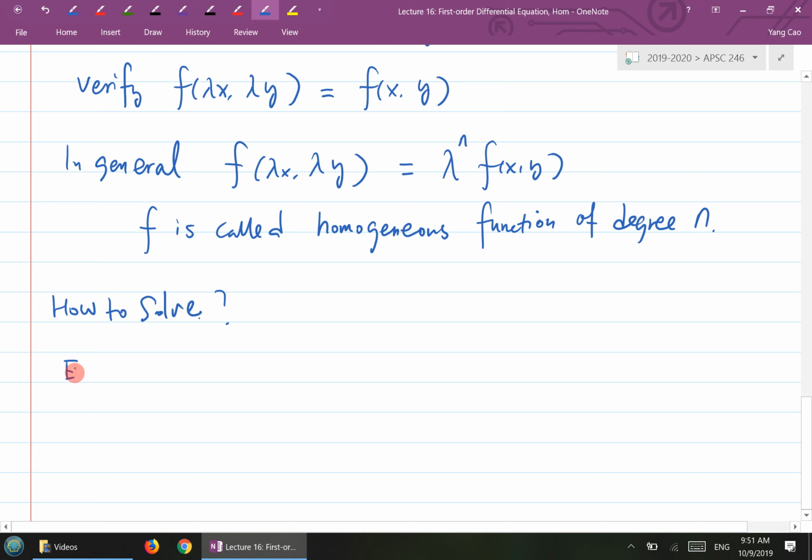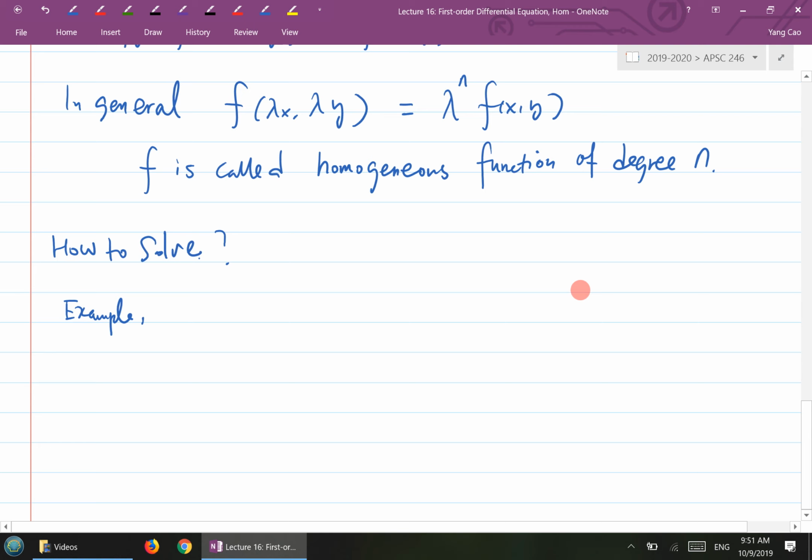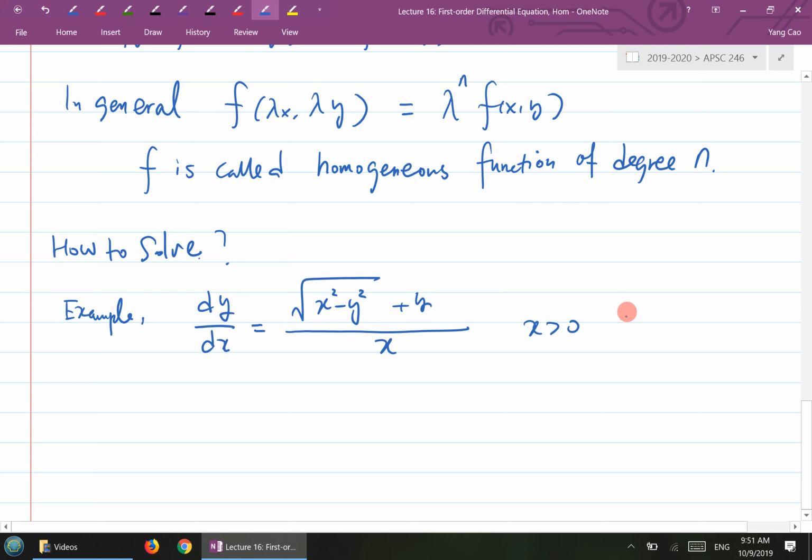Okay. Let's use an example to solve. Here is a differential equation.